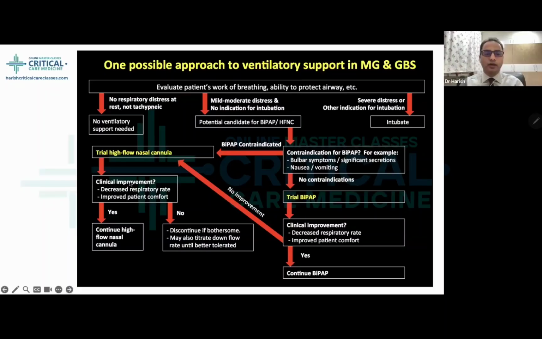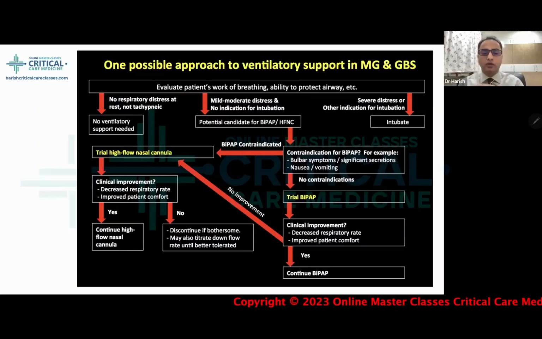If there is clinical improvement, with decreased respiratory rate and improved patient comfort, you can continue the high flow nasal cannula. If there is no clinical improvement, discontinue, or you may also titrate down by decreasing the flow. But if it is not helping, then you need to consider endotracheal intubation.